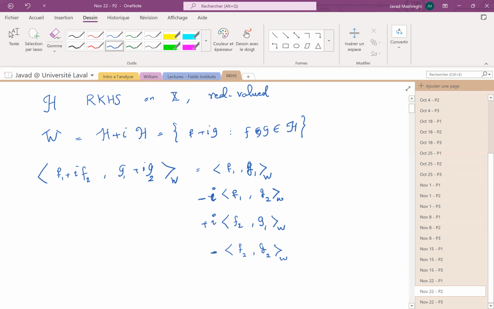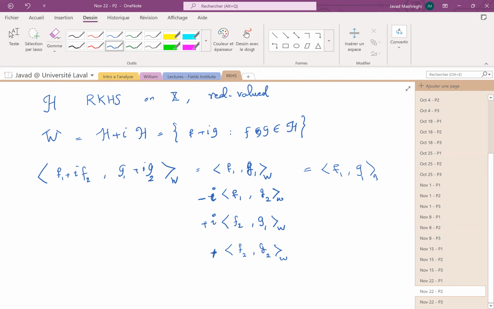Now all of these inner products, even though they are in W, should be compatible with the one on H. So we want this to be f1, g1. Excuse me, I think the last minus sign should be a plus. Yes, thank you. This i times minus i, absolutely. And now we want this to coincide with what we have before.